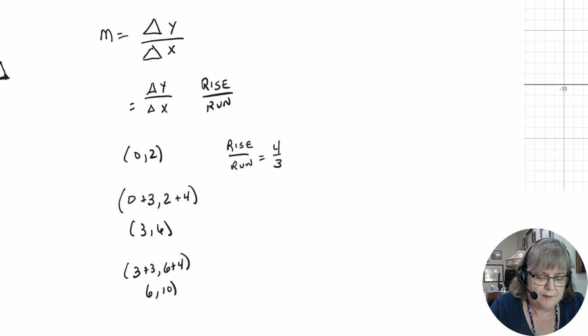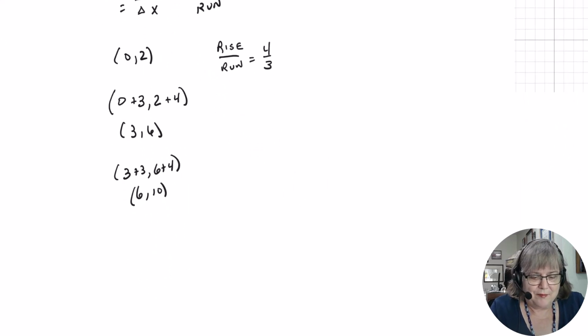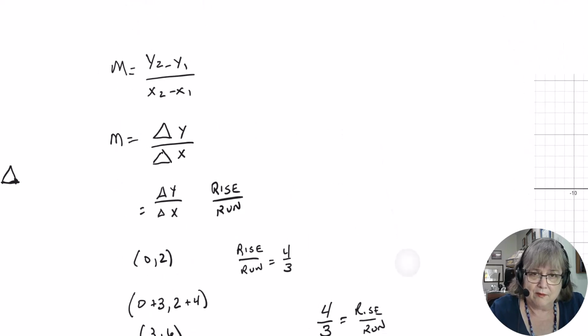Then we would take the (3, 6) and run 3 and rise 4 and we would get (6, 10). Now, what I'm trying to get you to think about is we knew the slope was 4/3. We know it's the rise over the run. So we could think of it as m is equal to the change in the y's over the change in the x's, which is where we started.